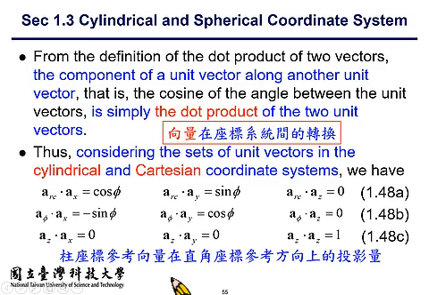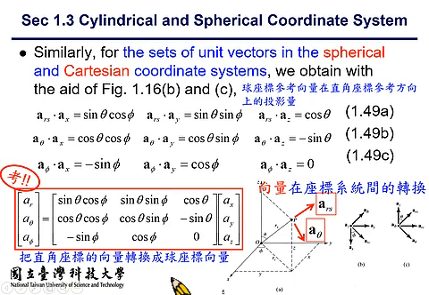Now the footnote over there summarizes what I'm going to say on this slide. And you can do the same thing for the reference directions in spherical and Cartesian coordinates. As you can see, the only thing that comes with 0 is A phi dot AZ, which means they are always perpendicular to each other. For other reference directions, there is some coupling in terms of the theta angle and phi angle.